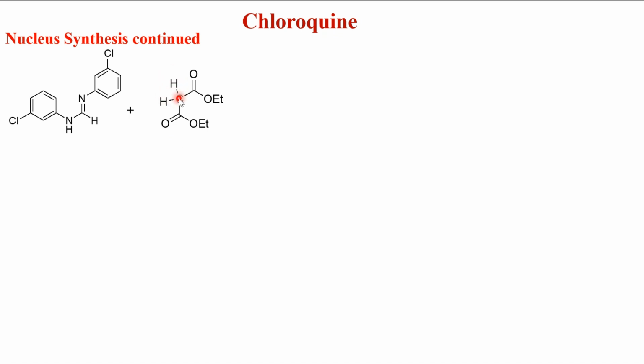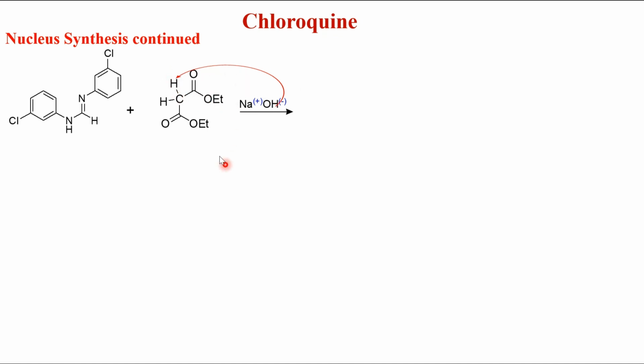Diethyl malonate reacts with the imine derivative which is prepared, in the presence of a strong base like sodium hydroxide. OH minus abstracts the proton, as this is acidic enough to give the proton, and this is basic enough to abstract the proton.